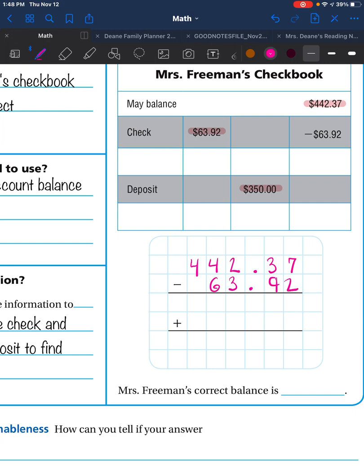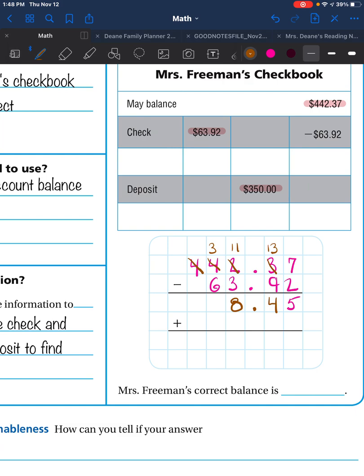Seven minus 2 is 5. To borrow. 13 minus 9 is 4. We have to borrow again. 11 minus 3 is 8.